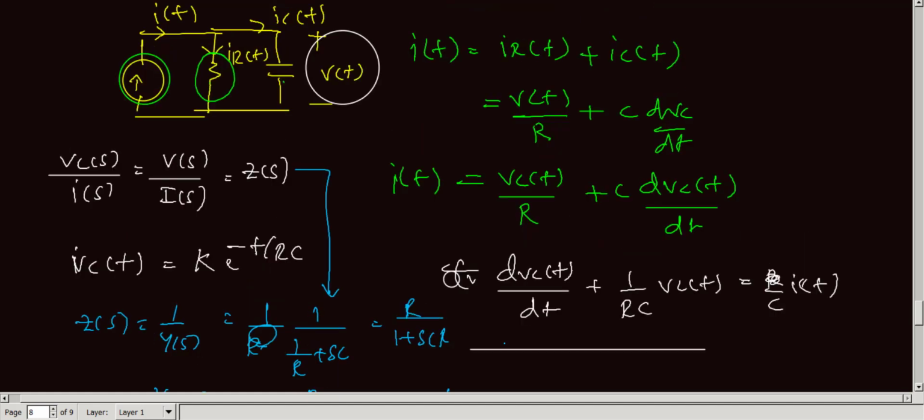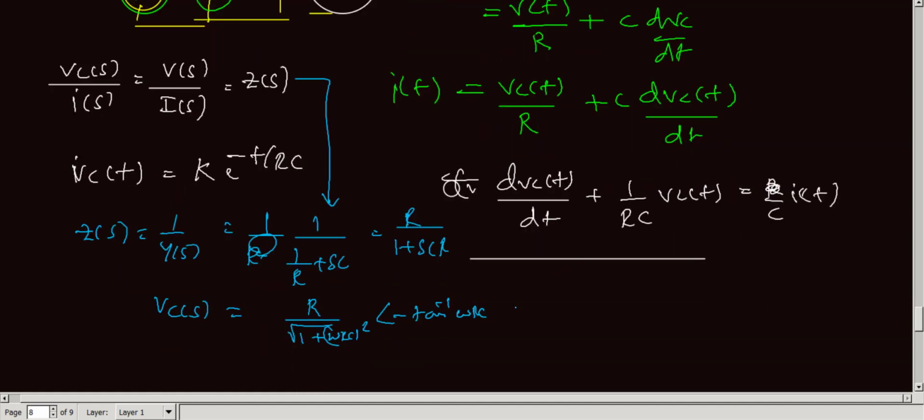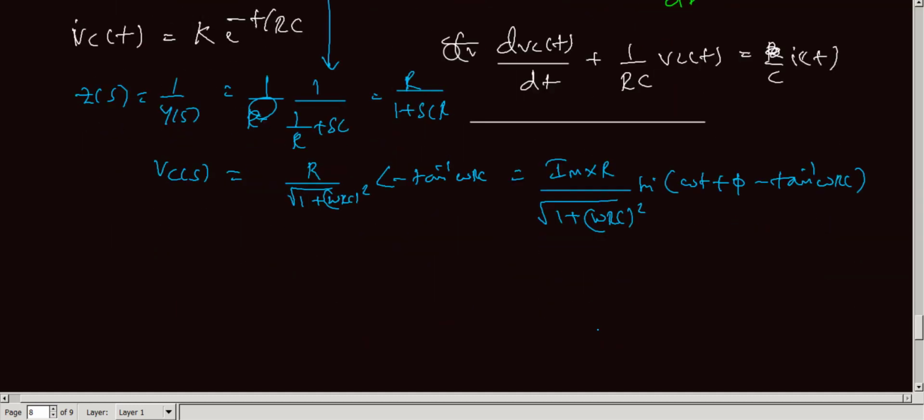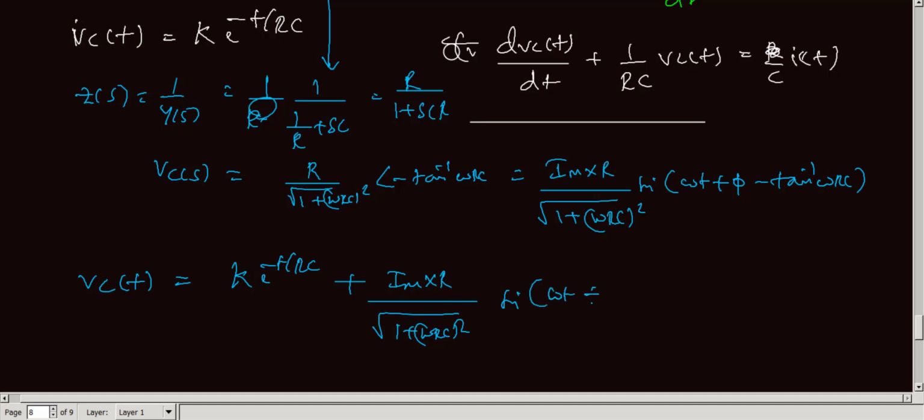If you multiply with Im, so Im into R by root of 1 plus (omega RC) whole square, sin of (omega t plus phi minus tan inverse omega RC). So finally you have Vc of t equals k into e power minus t by RC plus Im into R by root of 1 plus (omega RC) whole square, sin of (omega t plus phi minus tan inverse omega RC).